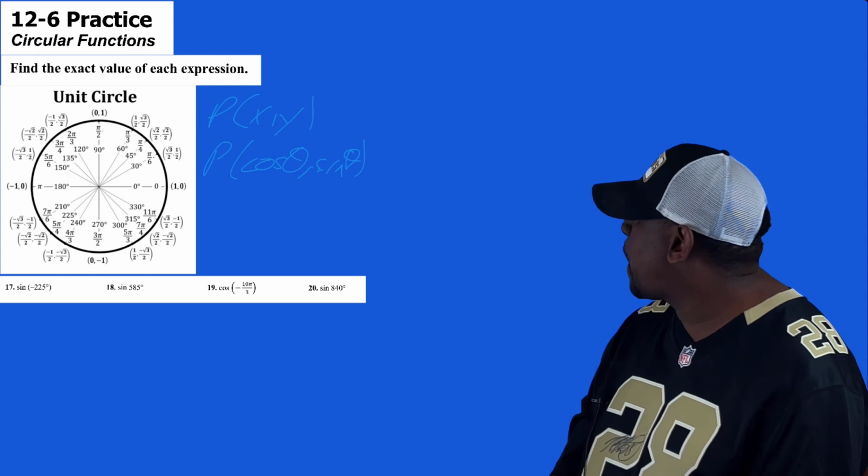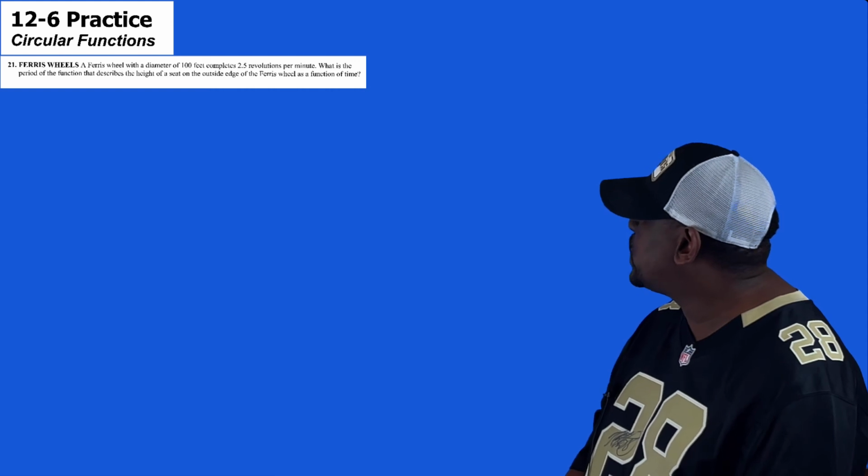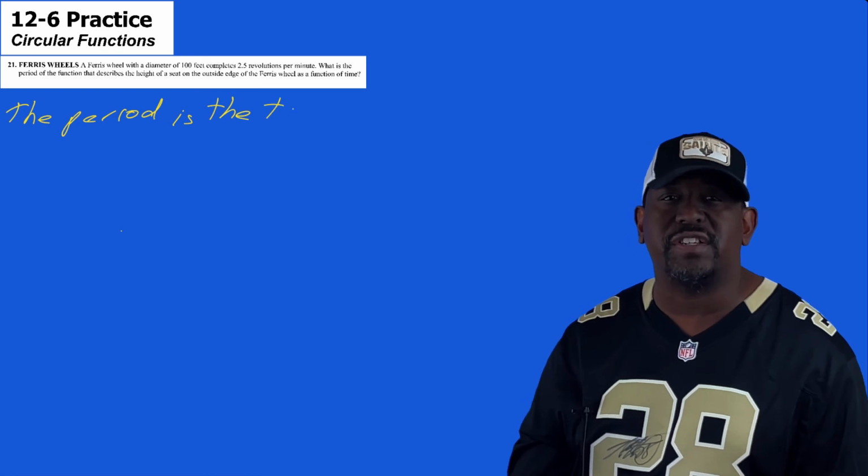Next here, do we have any more? Oh, we have a word problem. That's neat. It says a Ferris wheel with a diameter of 100 feet completes 2.5 revolutions per minute. What is the period of the function that describes the height on the outside edge of the Ferris wheel as a function of time?